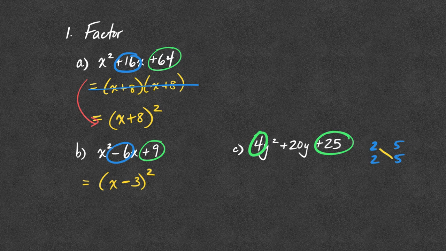Is my middle term 10 doubled? If you're like, yes, it is. Well, then I have a perfect square again. And so I can go ahead and pretty quickly factor that and just make sure I have the correct sign in between.